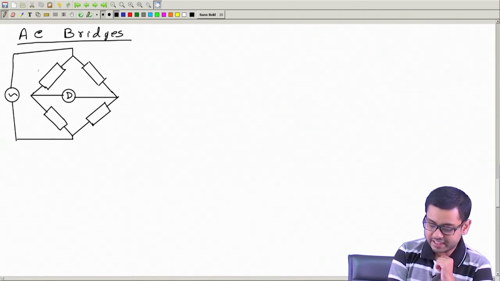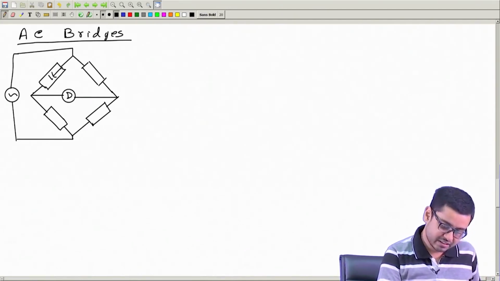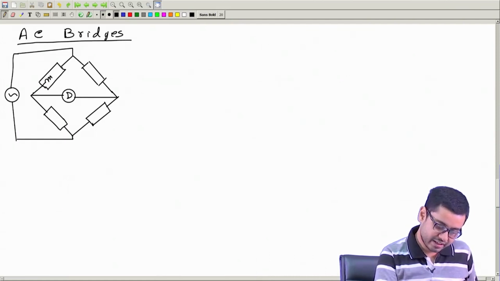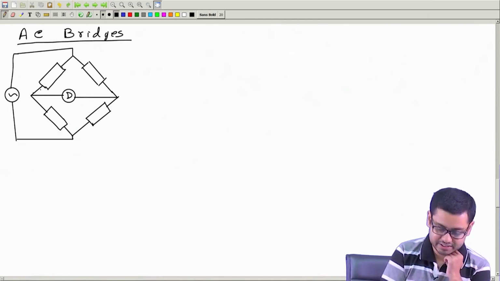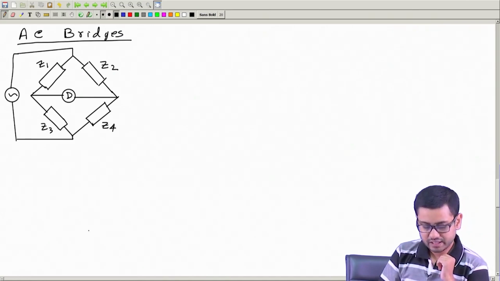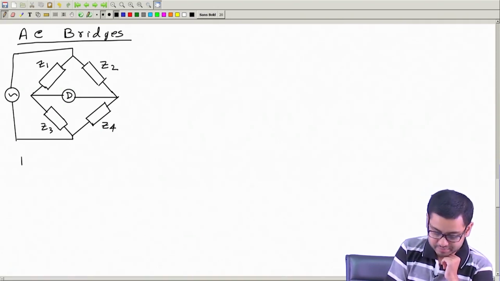They are not necessarily pure resistances; they can be inductance, capacitance, or any combination of L and C. In general, we will call them Z. Let me call them Z1, Z2, Z3 and Z4, and once again we can find the balance condition.